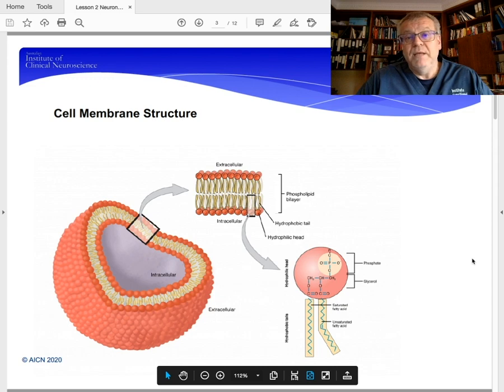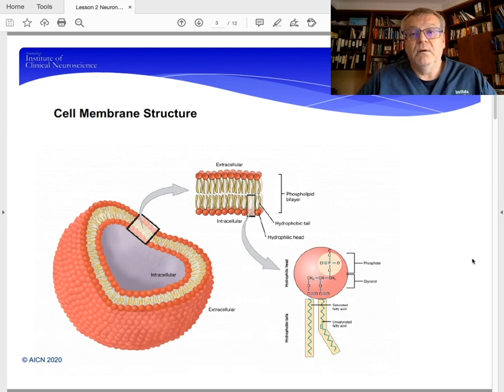So the basic cell membrane structure in a eukaryotic cell, or in a human cell, or in a neuron, which is what we're going to be focusing on, is this bilaminar structure here. And so there are two layers of phospholipids, one layer here, one layer here.